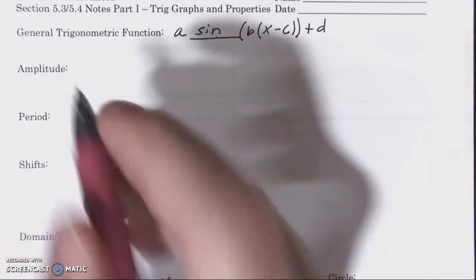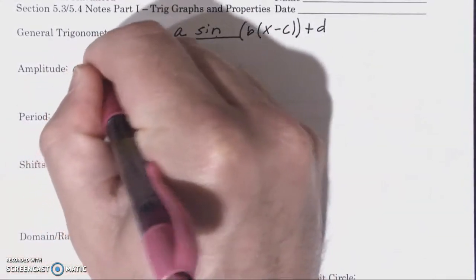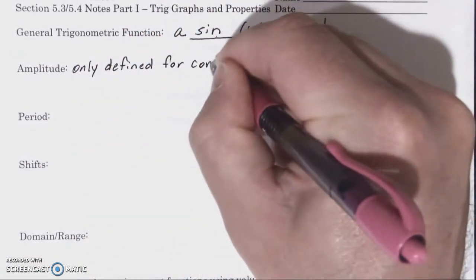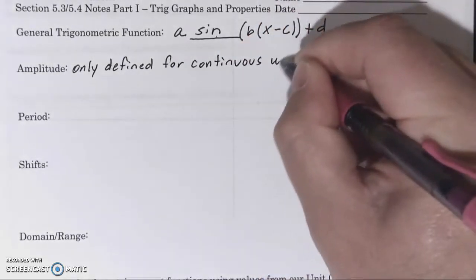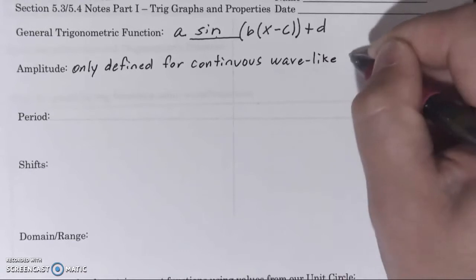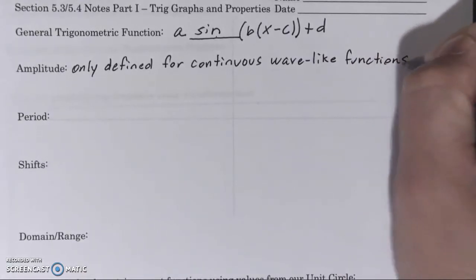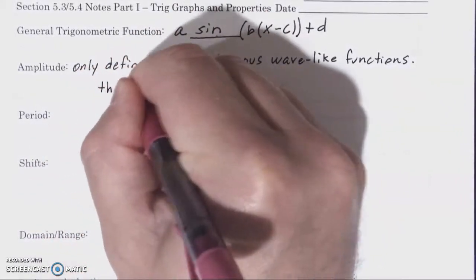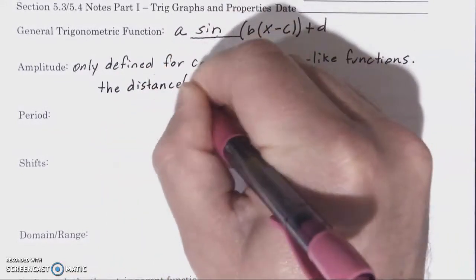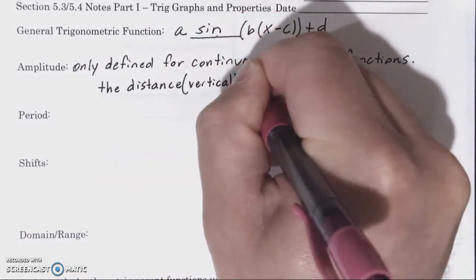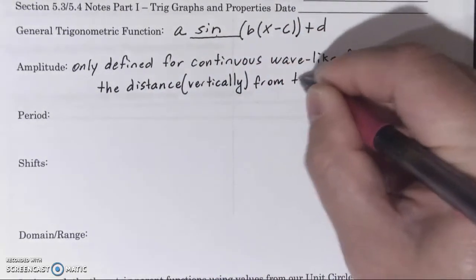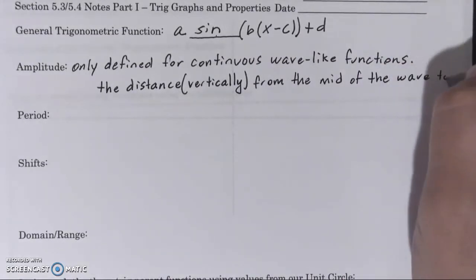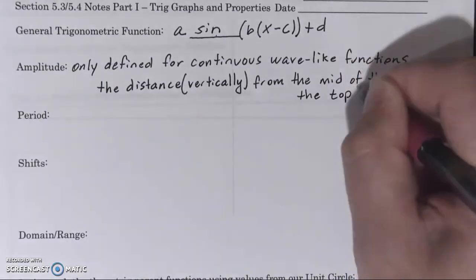The amplitude of a trig graph, first of all, amplitude is only defined for continuous wave-like functions, and is defined as the distance vertically from the middle of the wave to the top or bottom.